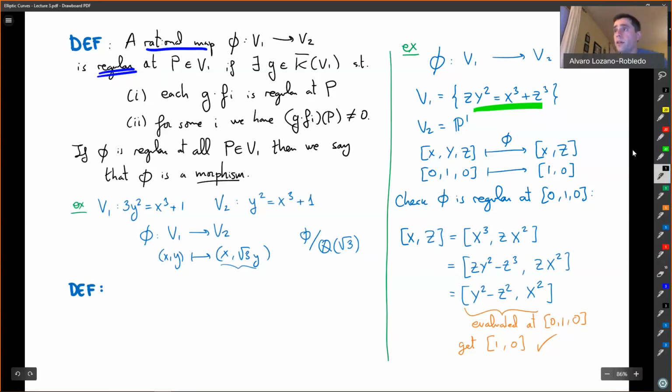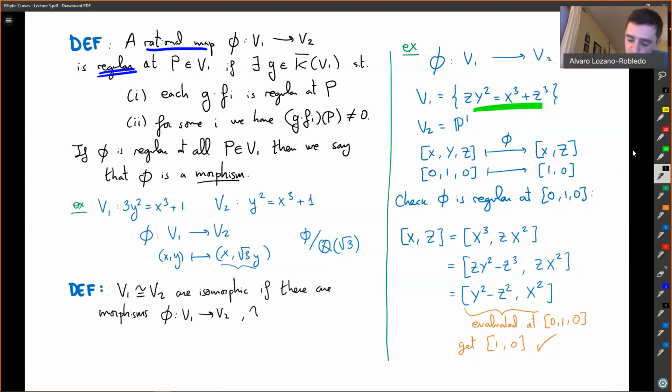We say that V1 and V2 are isomorphic if there are morphisms, and that's important, they have to be morphisms, not just rational maps, phi and psi, V2 to V1, that are inverses of each other.